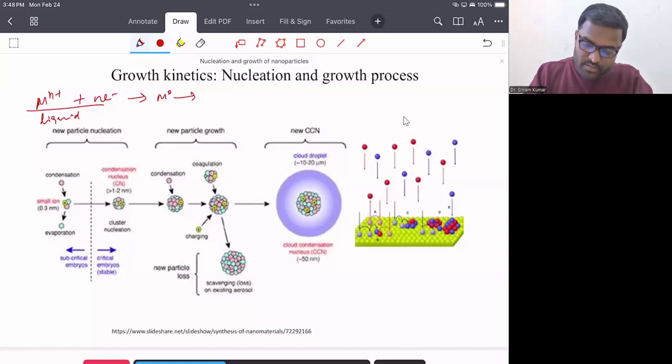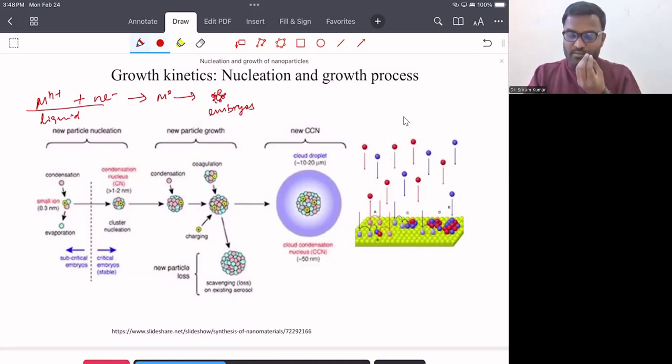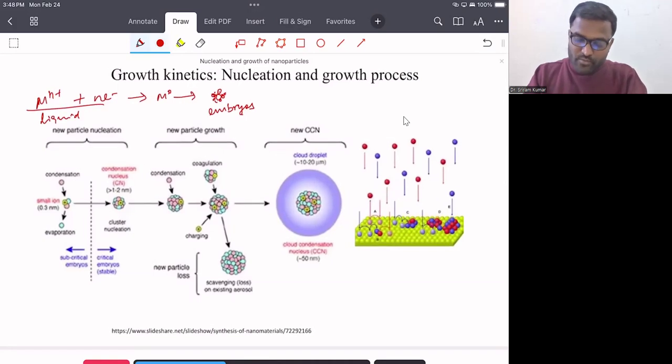What happens is that the metals combine together and form a smaller particle, and that smaller particle is called an embryo. So the first step from the metal to form the solid particle is called the embryo, and from that embryo we get a bigger particle, and that bigger particle is called the nucleus, or the nuclei.